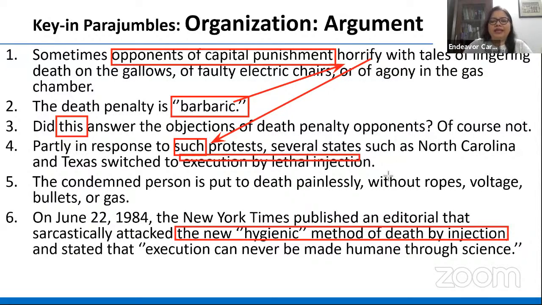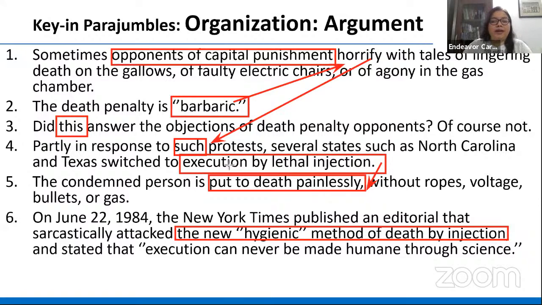Execution by lethal injection. What is lethal injection? The condemned person is put to death painlessly without ropes, etc. So 4 is explained further in 5. What is this painless injection? You know, the lethal injection, painless death.